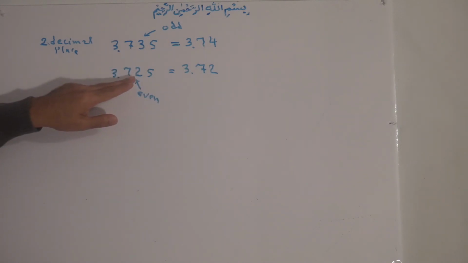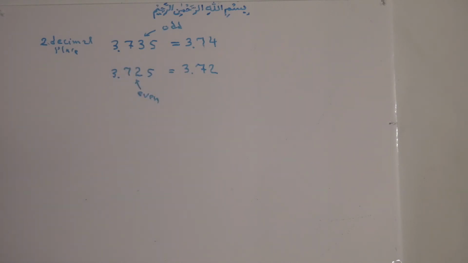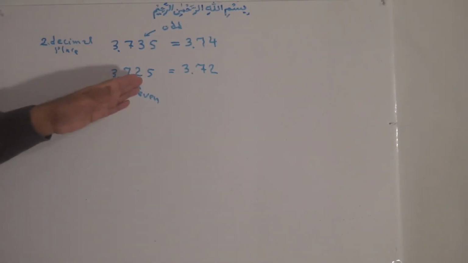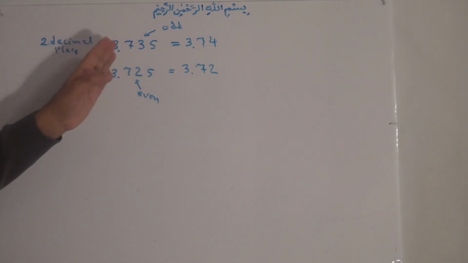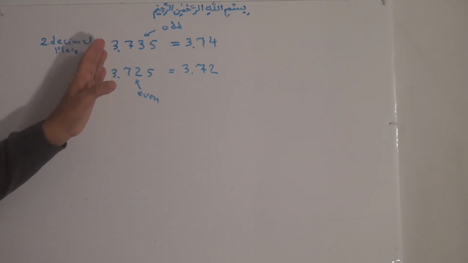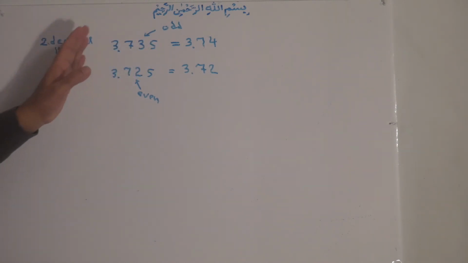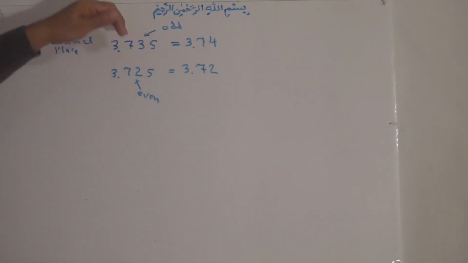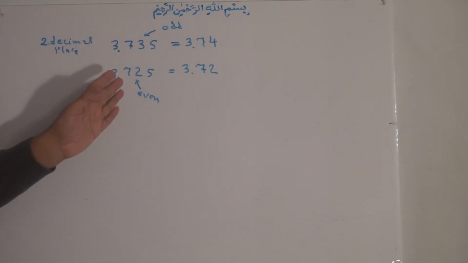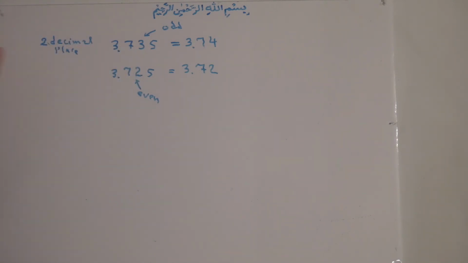If this digit is 2, we keep it at the same amount. This is a special case just for that situation. If the next digit is 5 we know about it, bigger than 5 we add 1, and if smaller than 5 we don't do anything. But this is a special case.